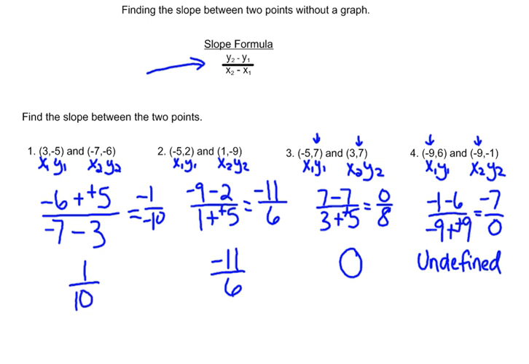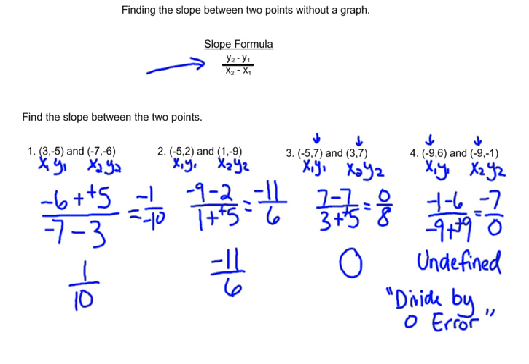And if you remember, undefined is the slope that was vertical. This was the one that you could not drive on. So anytime that you work this out and you get a 0 in the denominator, the answer is undefined, and you know this is a vertical line. Now, if you put this into the calculator, it will say divide by 0 error.